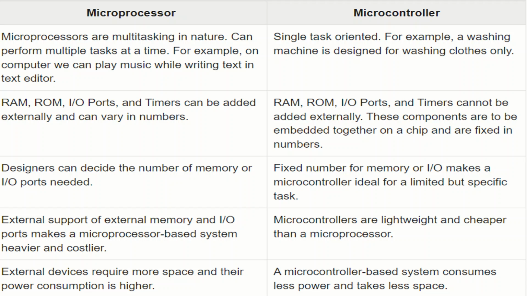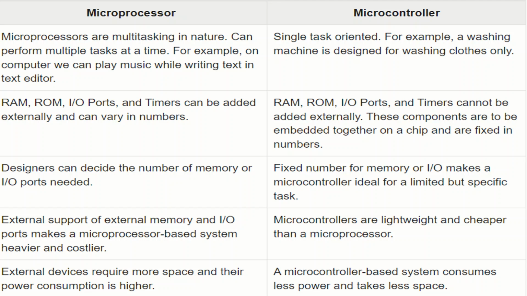So that was the reason that we said that it has limited computational capabilities. Now designers can decide the amount of memory or the number of input-output ports. But in microcontrollers, the memory and input-output ports are fixed in number.